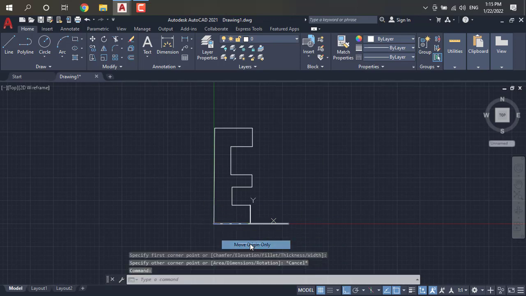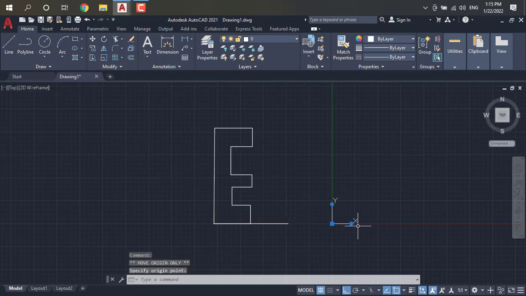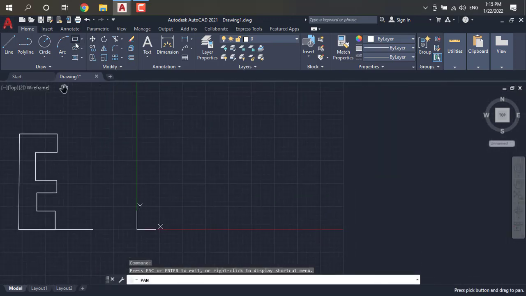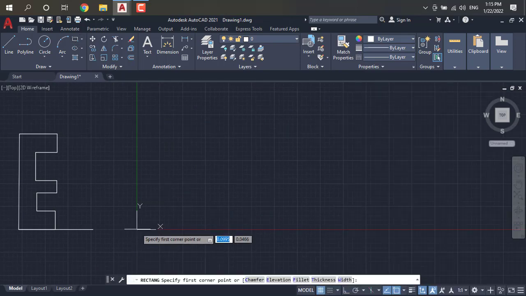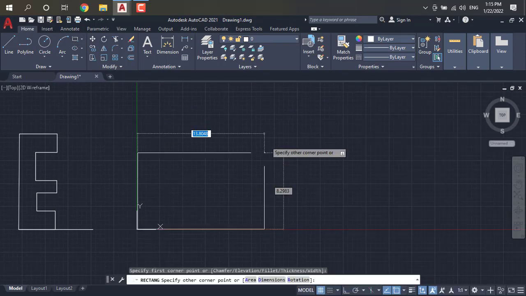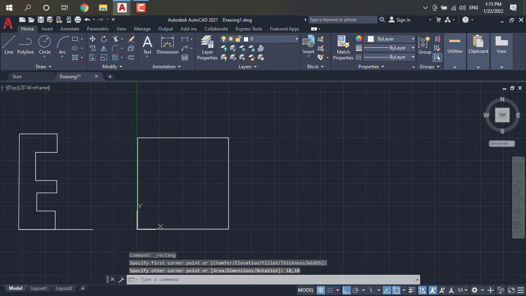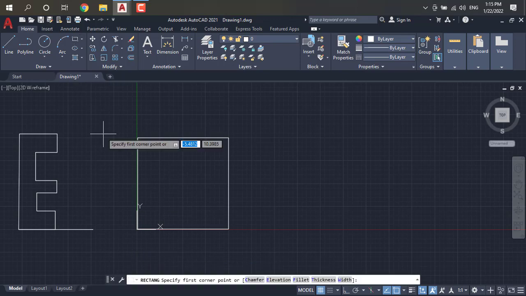No horizon only. Here I have to change my horizon like this. Again I have to draw one rectangle from horizon to 10 comma 10, and this is my square. Okay, again I have to take a rectangle.